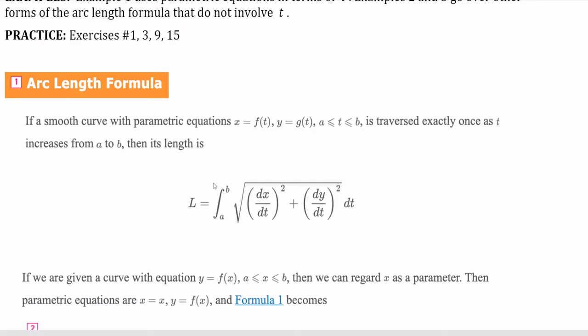It says if a smooth curve, so we have to start talking about everything we see right away. A smooth curve here, we're just talking about the graph of something, but it's not necessarily a graph of a function y equals a function of x we're used to.